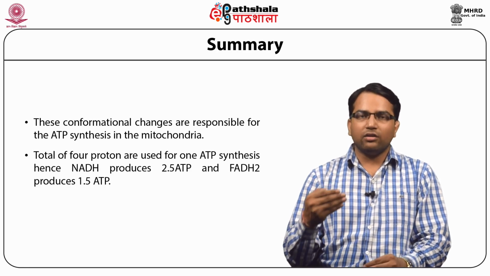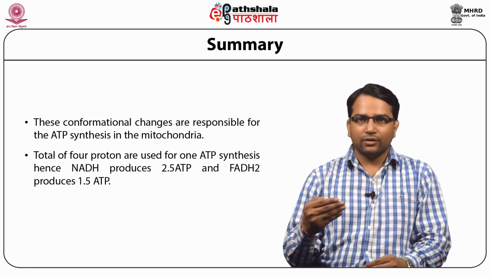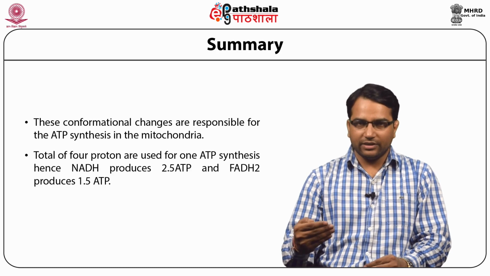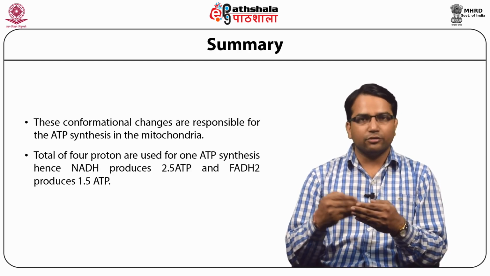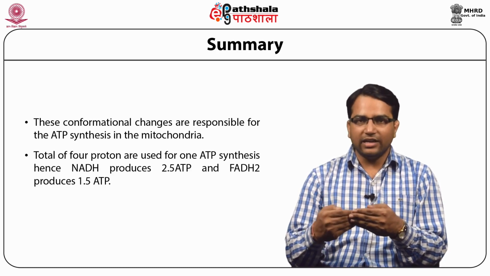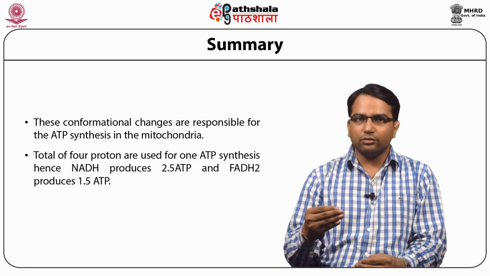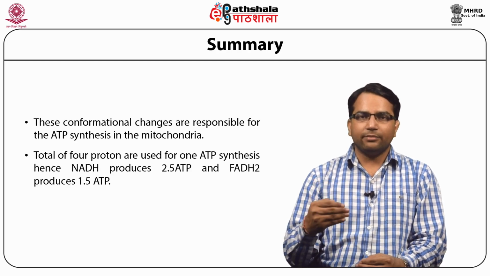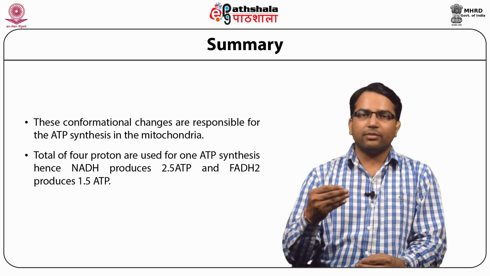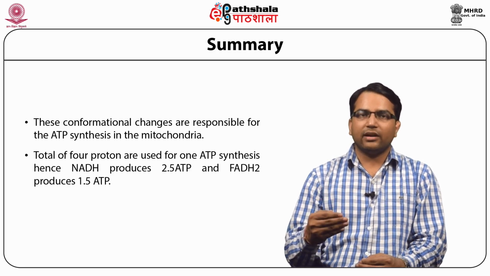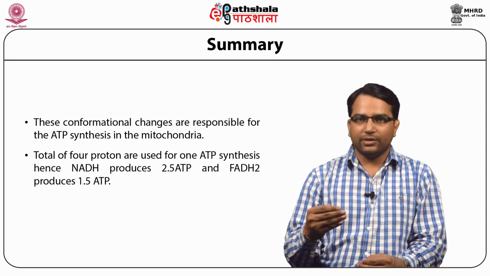When these 10 protons come back from the intermembrane space into the matrix, they produce 2.5 ATP, because 10 divided by 4 is 2.5. Similarly, when electron transport starts from FADH2, it pumps 6 protons from the matrix to the intermembrane space, and these 6 protons are responsible for 1.5 ATP.